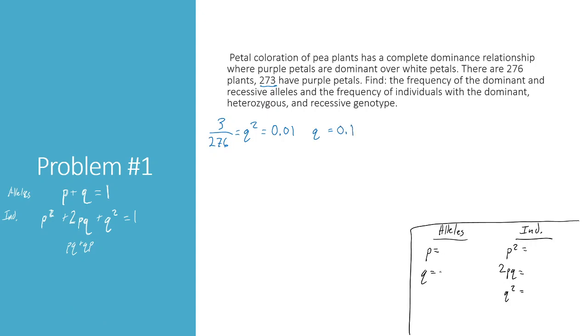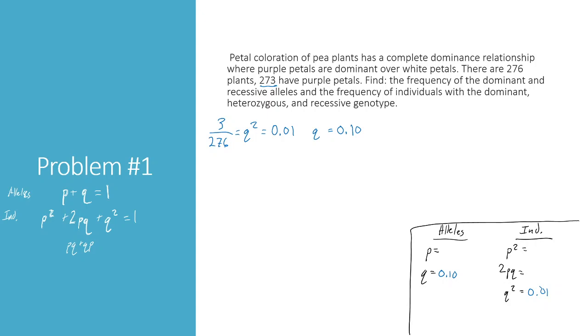So I can go ahead and bank that answer down here. And that tells us about 10% of the alleles in the population are the recessive alleles. We also know this q squared term now too, and so we can bank that about 1% of the individuals are white-petaled individuals.